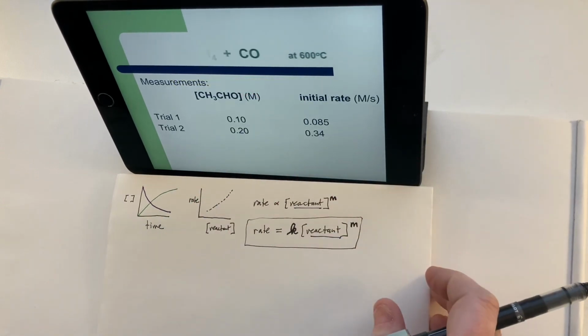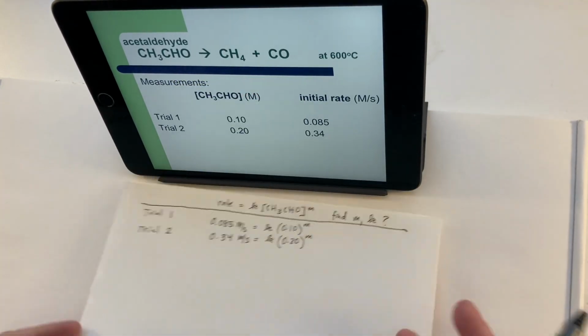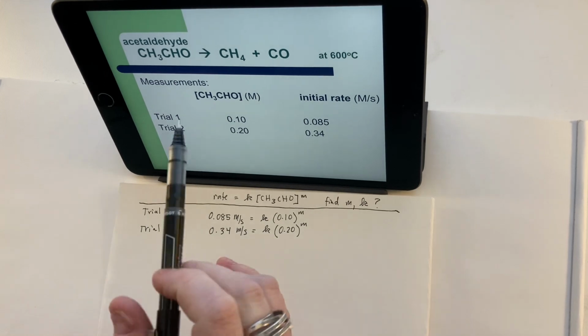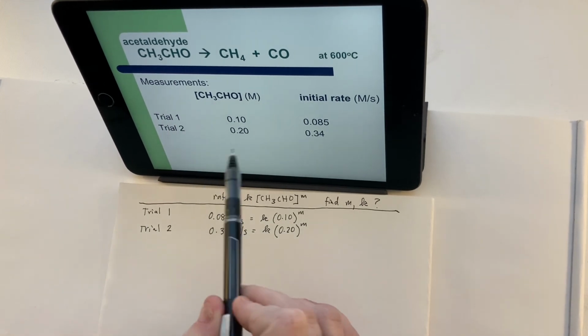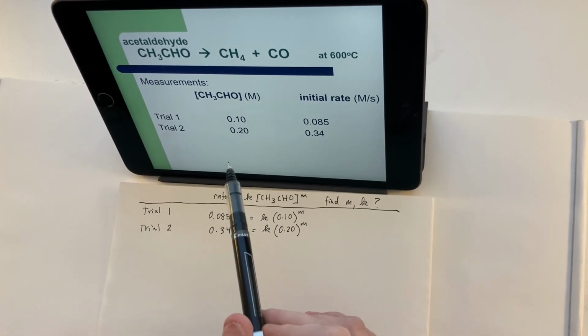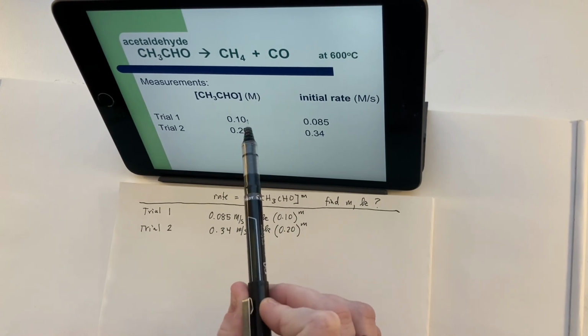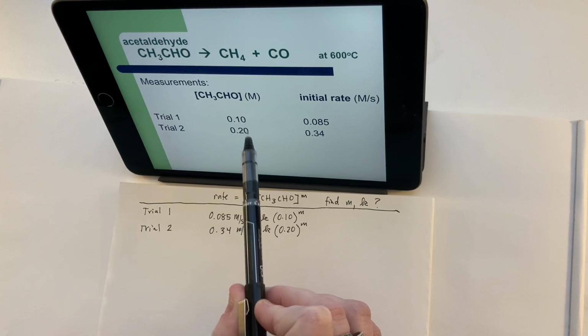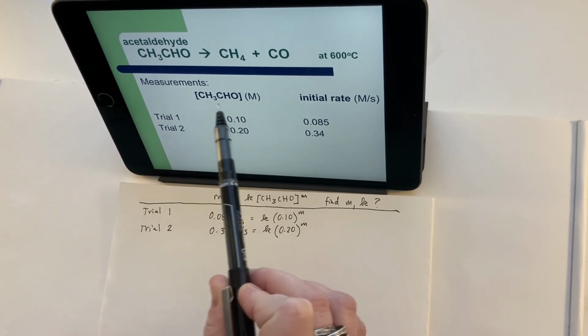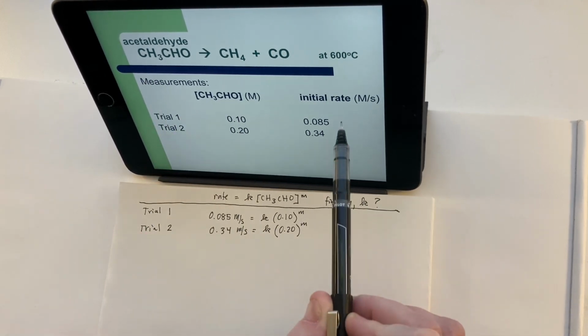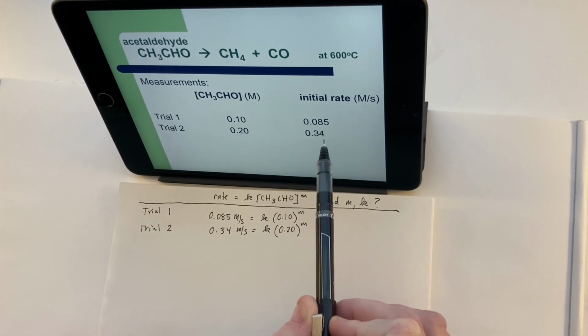So we were looking at this data from last class, and this is the decomposition of acetaldehyde. And we said, oh, there's two trials, and we can sort of eye it up a little bit. If you take between trial 1 and 2, if you realize that's just doubling the concentration of the reactant, what's the impact on the rate? It quadruples.